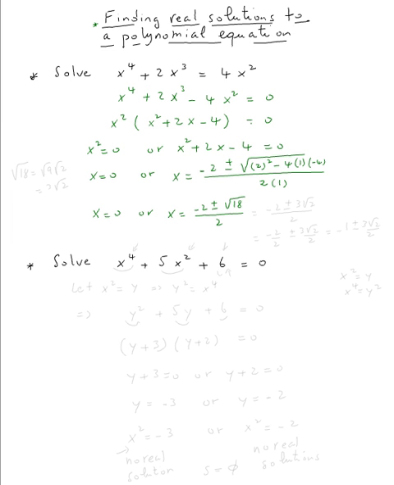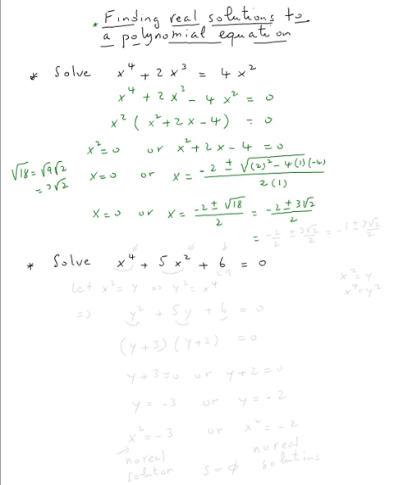we can simplify this probably. Plus or minus the square root of 20 is the same thing as the square root of 4 times the square root of 5, which is 2 square root of 5. So this is going to be 2 square root of 5 over 2.